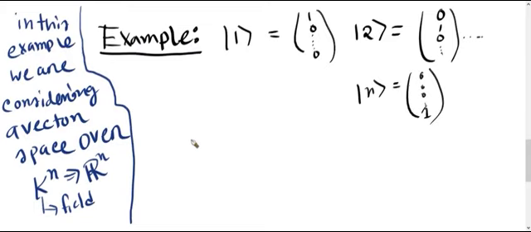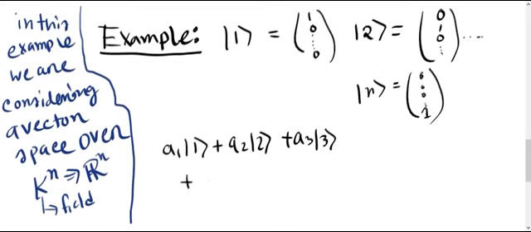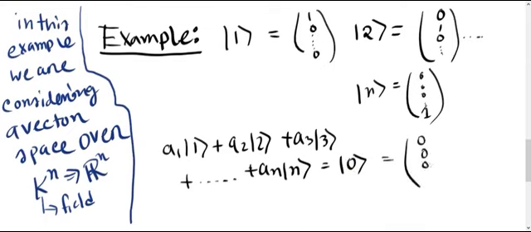Now let's consider the linear combination a1 v1 + a2 v2 + a3 v3 + ... + an vn equals the null vector. This null vector we can represent as a column with n zeros.